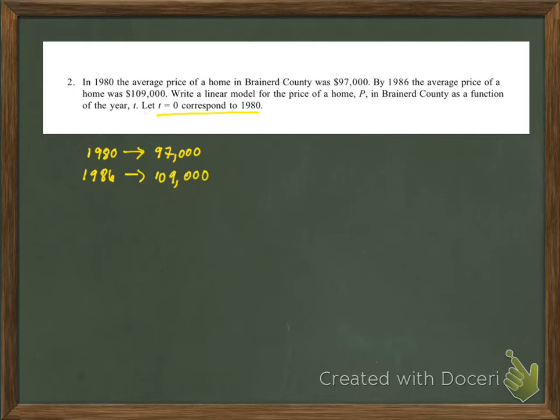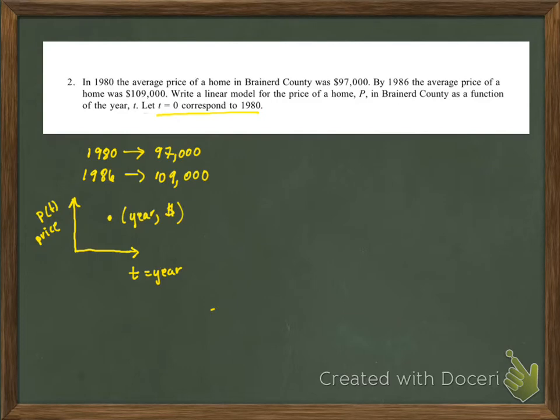Now, if I consider the XY axis, according to the directions of this problem, we're going to let the x-axis represent time, or the year, so we're going to label it with a T. And the y-axis we're going to represent with P of T, so that's going to be our y, and it represents the price. Which means any point that lives on the line will correspond to a year and the price.